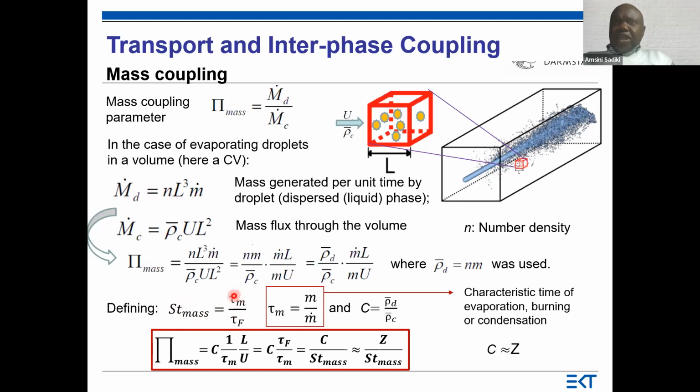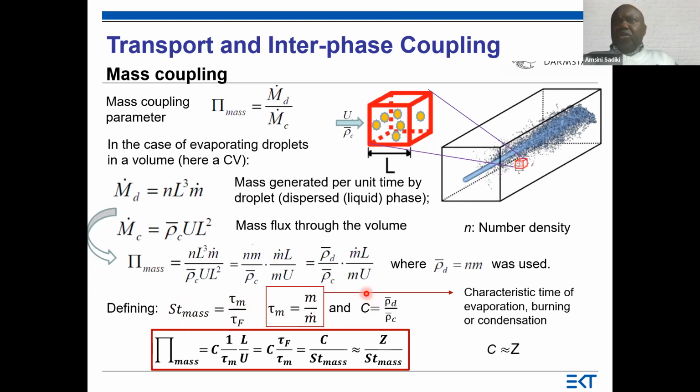So the characteristic time of this process divided by the characteristic time of the flow, and this time can only be characterized by the mass divided by the mass rate, or the evaporation rate, and it is a time.